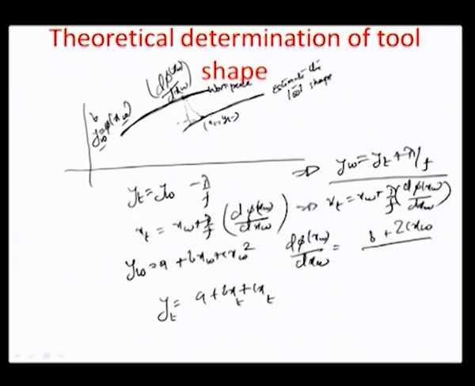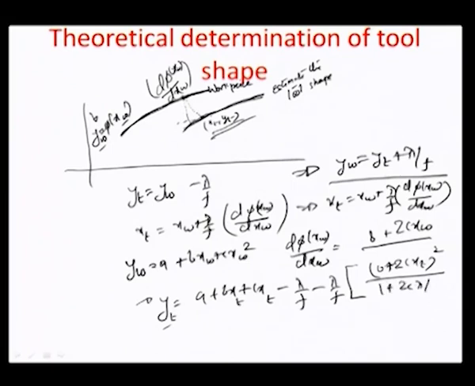Okay. So this is the sort of functional relationship between the y and x on the tool surface at this point, which would map the tool surface, and this comes out to be equal to a plus b xt plus c xt square minus lambda by f times of b plus twice c xt whole square divided by 1 plus twice c lambda by f. Okay. So this is how you can correlate the yt and the xt.